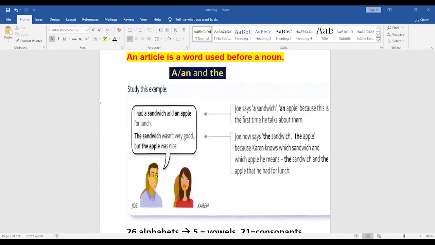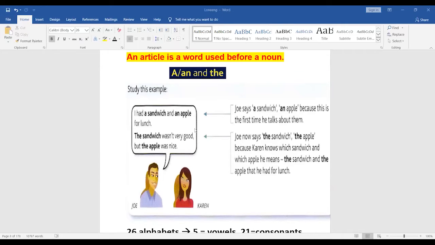Okay, now take a look at what Joe's saying. Joe says a sandwich and an apple because it is the first time he's talking about it and he's not being very specific. He's just talking about some common sandwich and apple. Okay, but take a look at the second sentence. He says the sandwich wasn't very good, but the apple was nice.